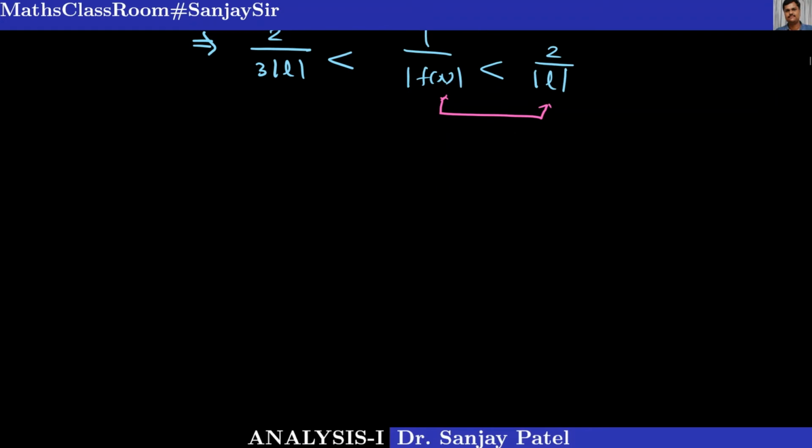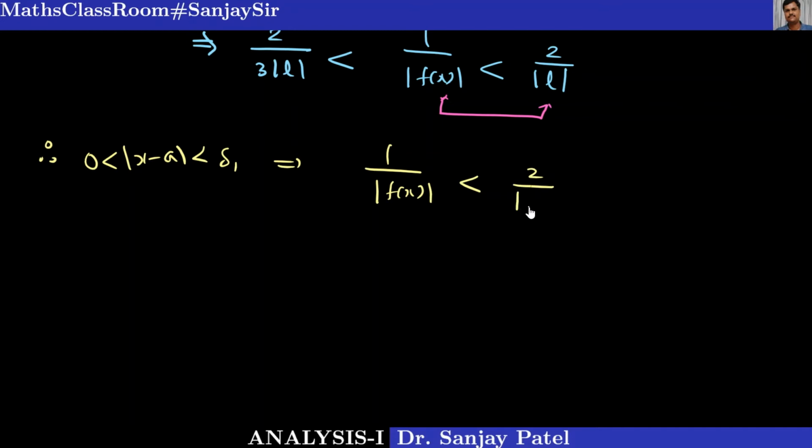Thus, whenever 0 less than mod of x minus a less than delta 1, we have 1 upon mod of f(x) less than 2 upon mod L. This is proved. Let us call this result number 1.